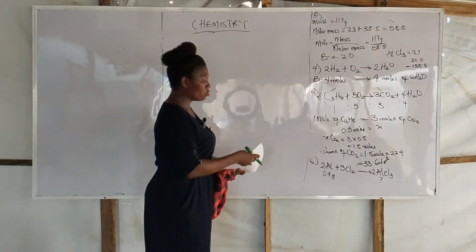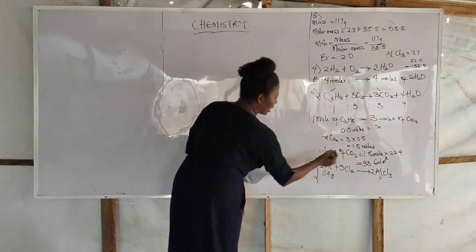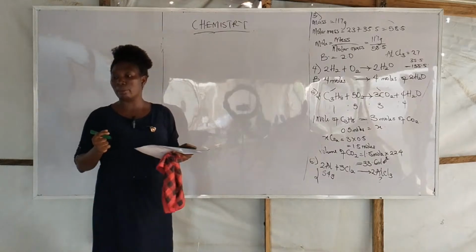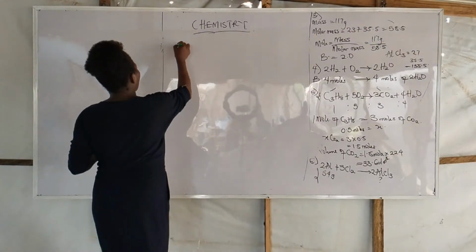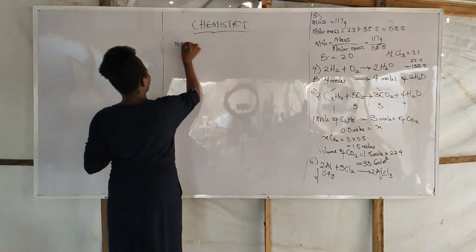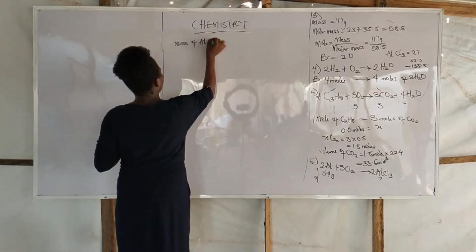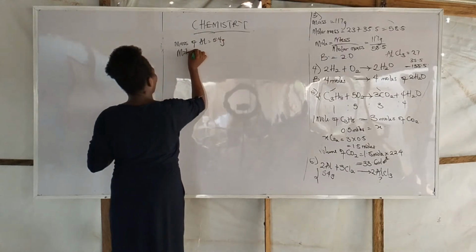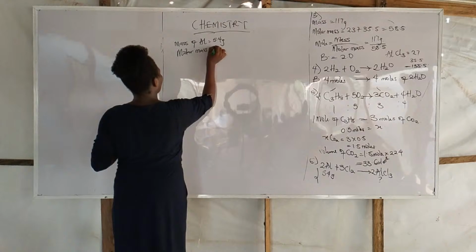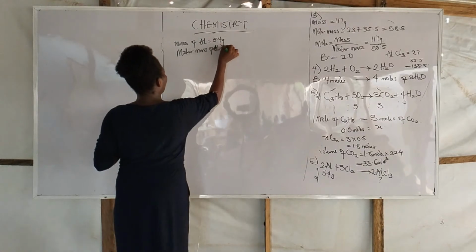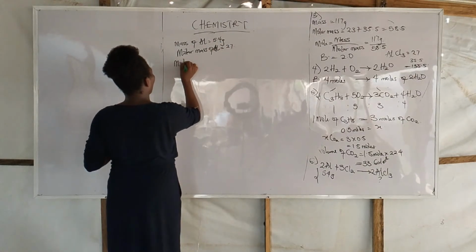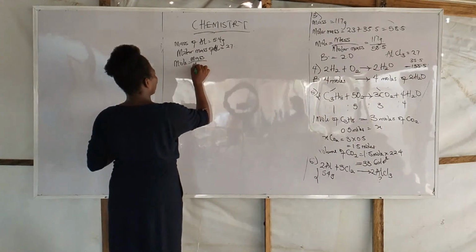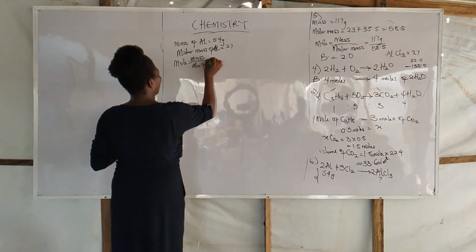So now let's calculate to be able to get that. And I told you an easy way to do that in our mole concept class. If you have the mass of aluminium to be 5.4 gram, and you have the molar mass of aluminium to be 27, right? So your mole here will be mass over molar mass of aluminium.